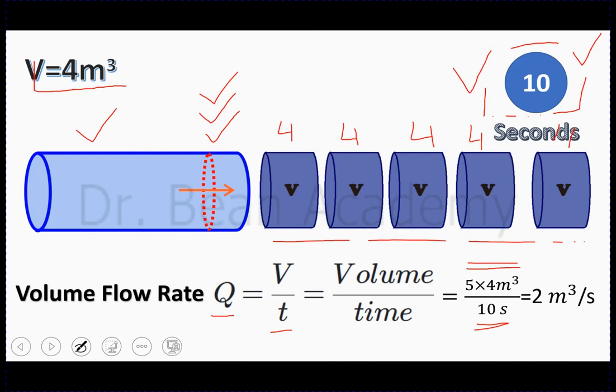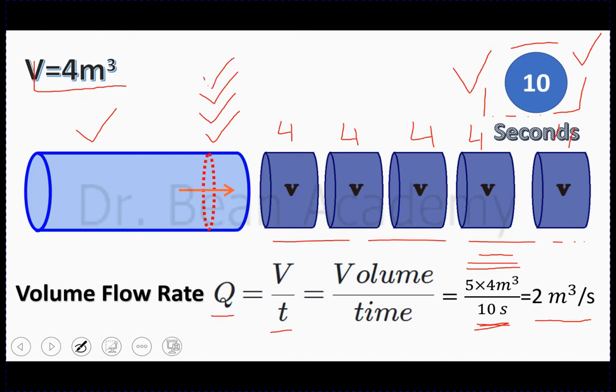So I just put the total volume of water passed through the unit area divided by the total time, and here is 2 meter cube per second. So what does it tell us? It tells us that in 1 second, 2 meter cube of volume pass through this unit area.